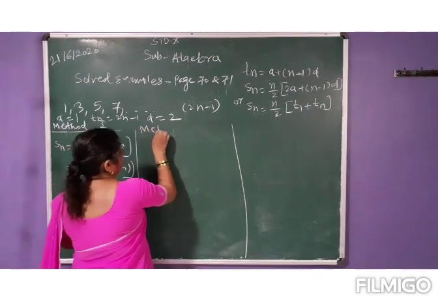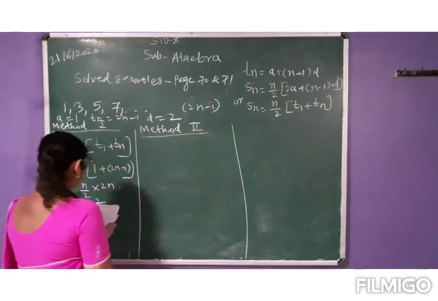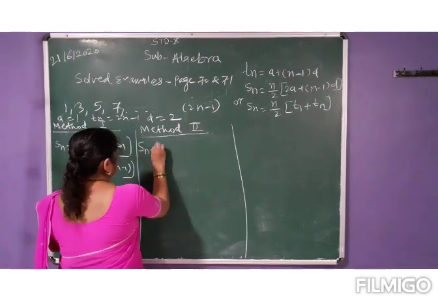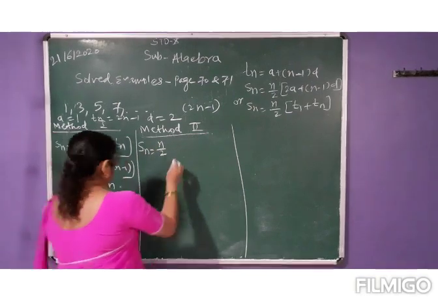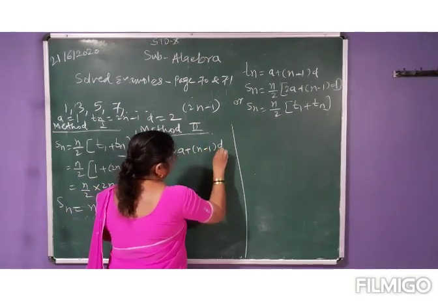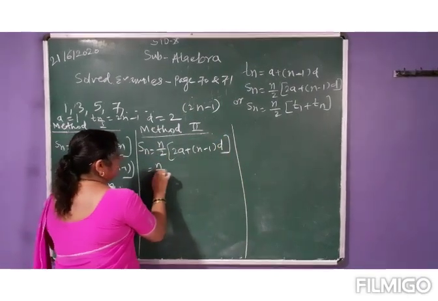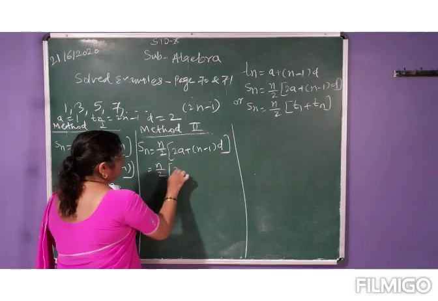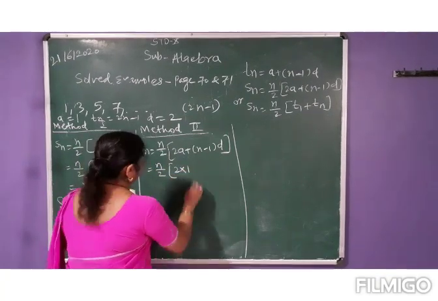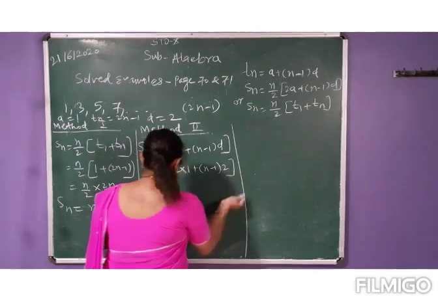Now we will see method 2. What is method 2? Sn is equal to n upon 2, we will use here the formula 2a plus n minus 1 into d. Now here n terms are there, so n upon 2, 2 into a is your 1 plus n minus 1, d is your 2, right?